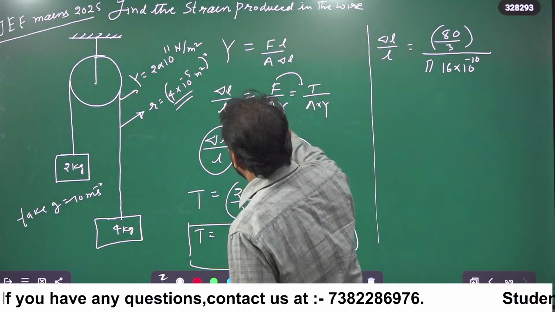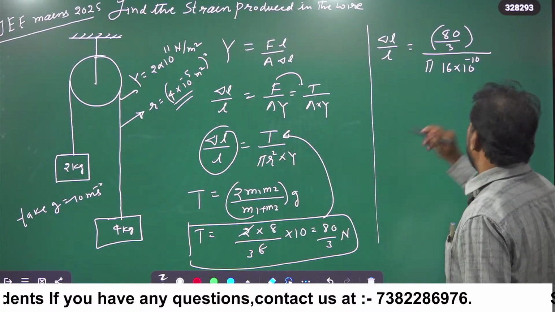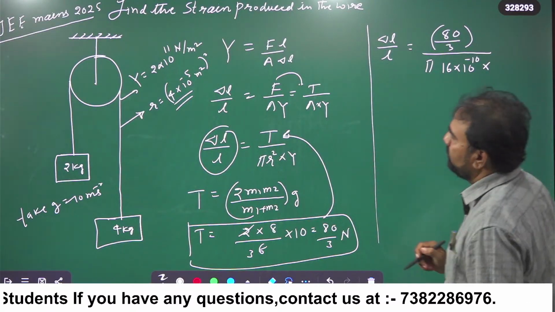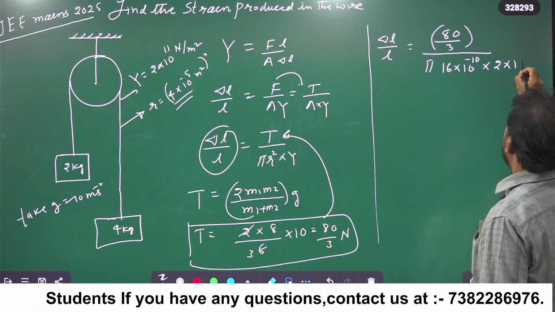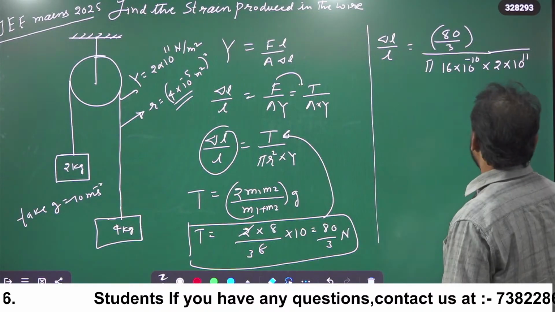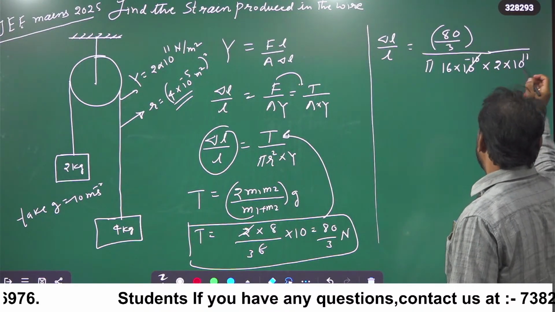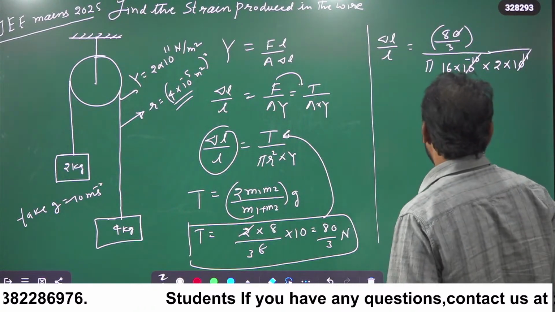Square means 16 into 10 to the power of minus 10, into Y. What is the value of Y? Y is equal to 2 into 10 to the power of 11, was given. Is it clear? 10 to the power of minus 10 and 10 to the power of 11, this 10 will get cancelled out.